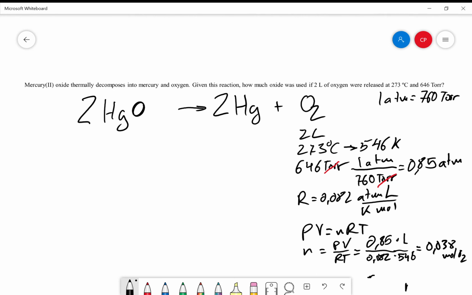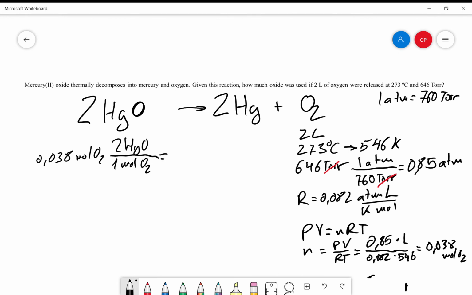So once we know the number of moles of oxygen, we can work out the number of moles of mercury oxide that have reacted with that. Therefore, 0.038 mole of oxygen by the ratio of stoichiometric coefficients will be equal to 1 mole of oxygen per each 2 moles of mercury oxide.